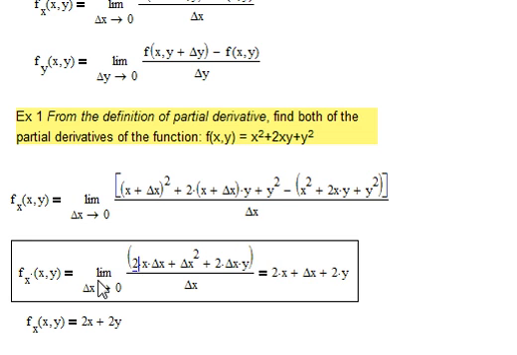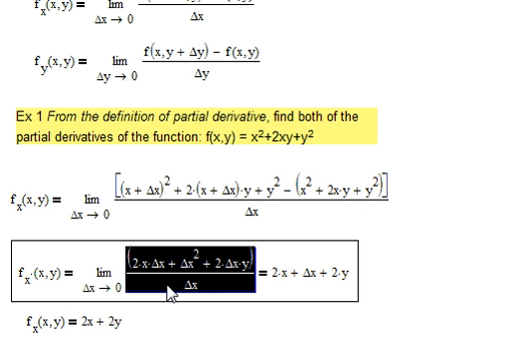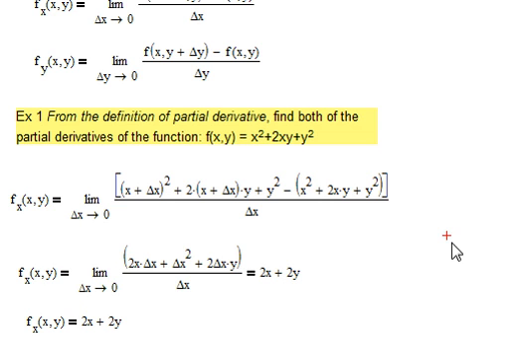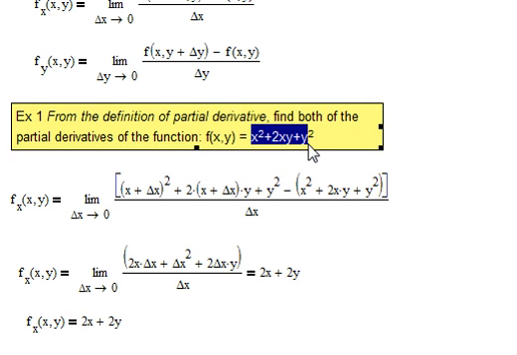So this is what our expression simplifies to. But now I want you to notice that you could factor a delta x out of the numerator and cancel it with a delta x in the denominator. I probably should have typed limit as delta x goes to 0 here, so you can see that this delta x is 0. So it's just 2x plus 2y. So what we've discovered is the partial derivative of this function with respect to x is 2x plus 2y.